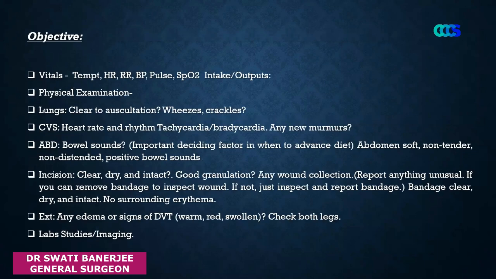But the objective, you start with the basics. You have to examine the patient's vitals. You cannot skip it at any cost. The temperature, the heart rate, the respiration rate, the oxygen saturation, and intake and output. These things are very important. Even in laparoscopic surgeries like lap cholecystectomy or lap appendectomy, where we might tend to ignore these, they are very important.